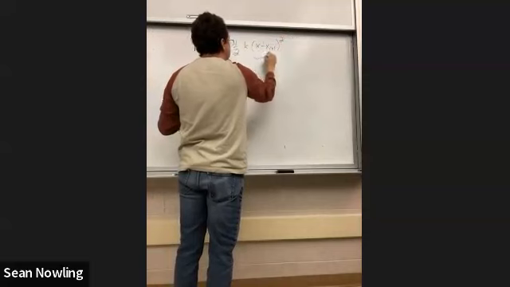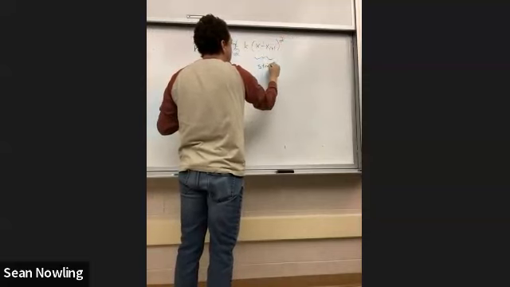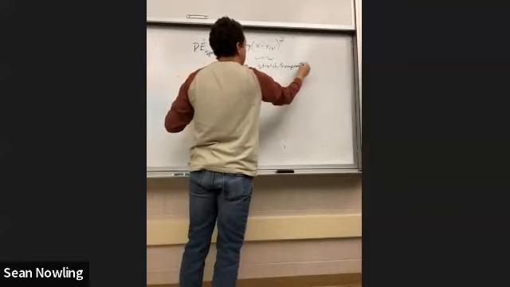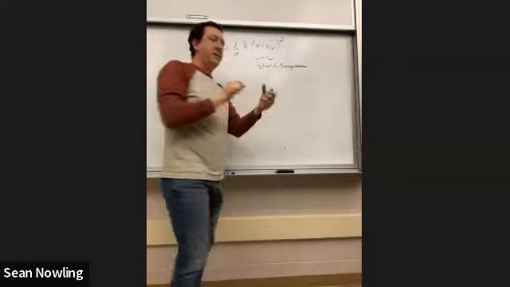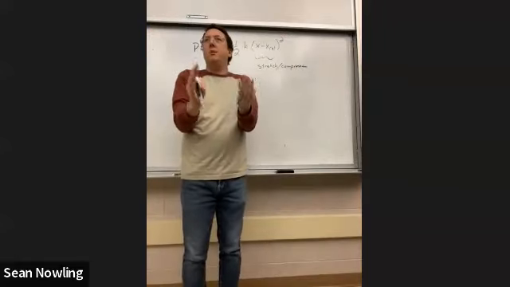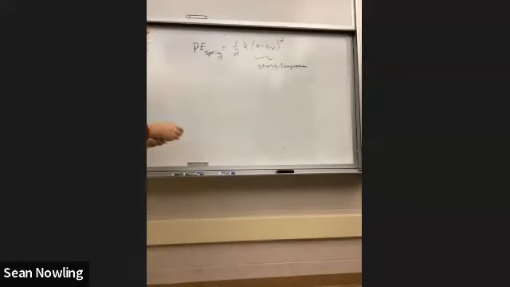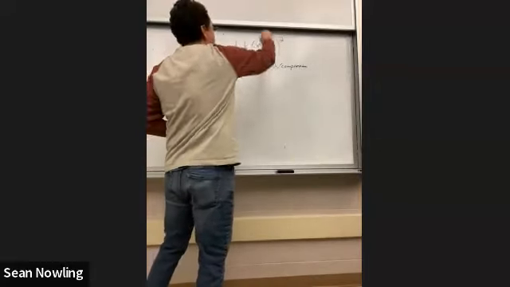This amount is sometimes called the stretch or compression. You figure out where it's relaxed, and then it's the deviation away from that. Anyways, it's this thing squared.